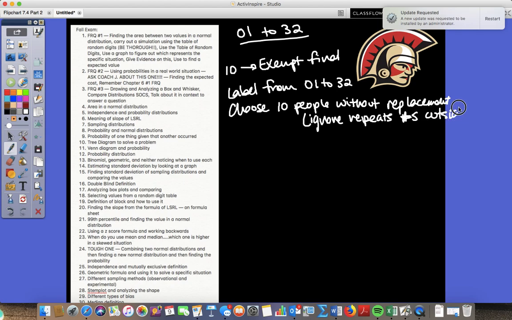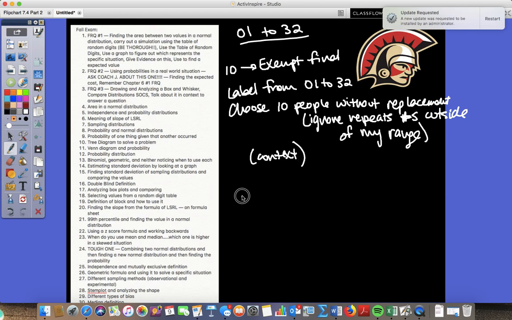So knowing how to not only describe the process, but also carry it out. After I say I choose 10 people without replacement, ignoring repeats and numbers outside of my range, and maybe put a little context in here, I would then execute it.